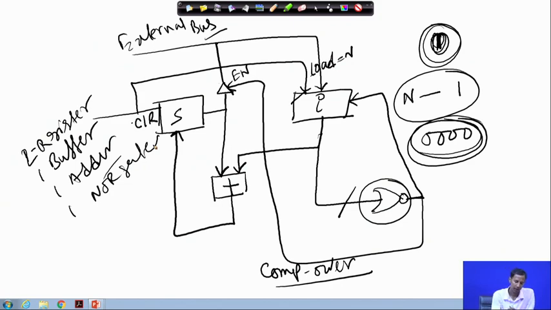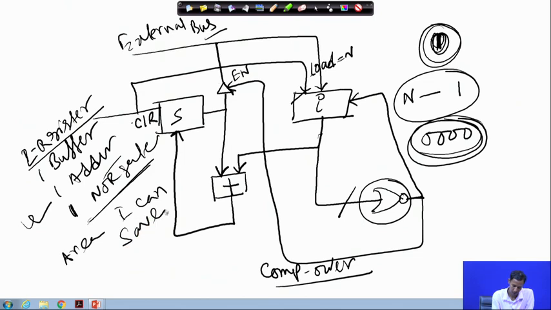So now I can reduce 1 register, and in comparison to a comparator, a NOR gate requires less hardware. So area-wise I can save just by doing a simple trick, and reducing the hardware will obviously benefit power too.